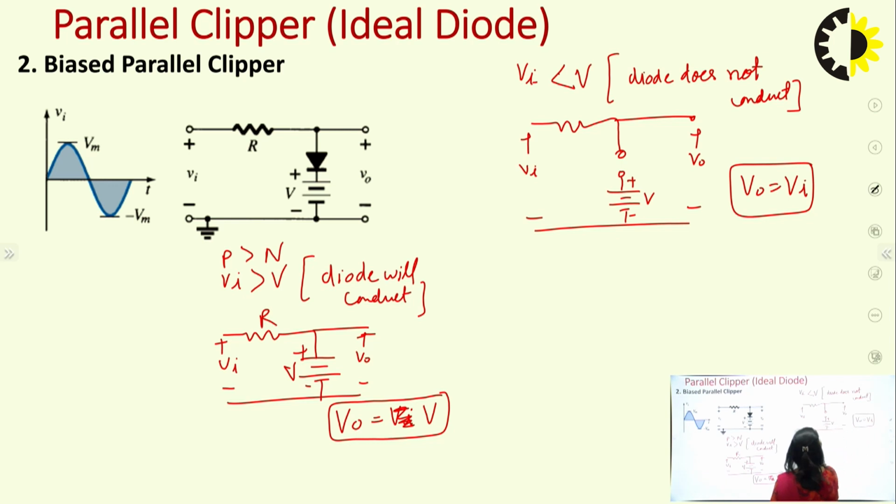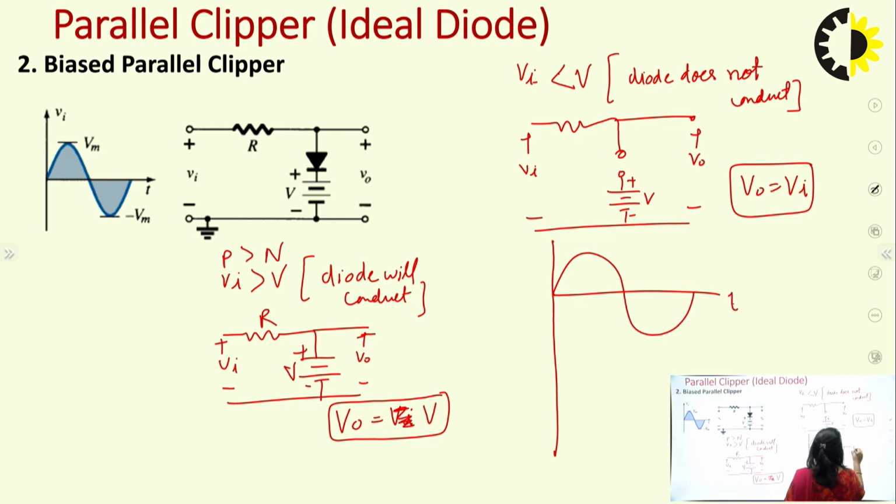Now the waveform. So this is our input waveform. Now here we can see the threshold amount is plus V. So we will take here plus V. Now we will draw the intersecting lines.